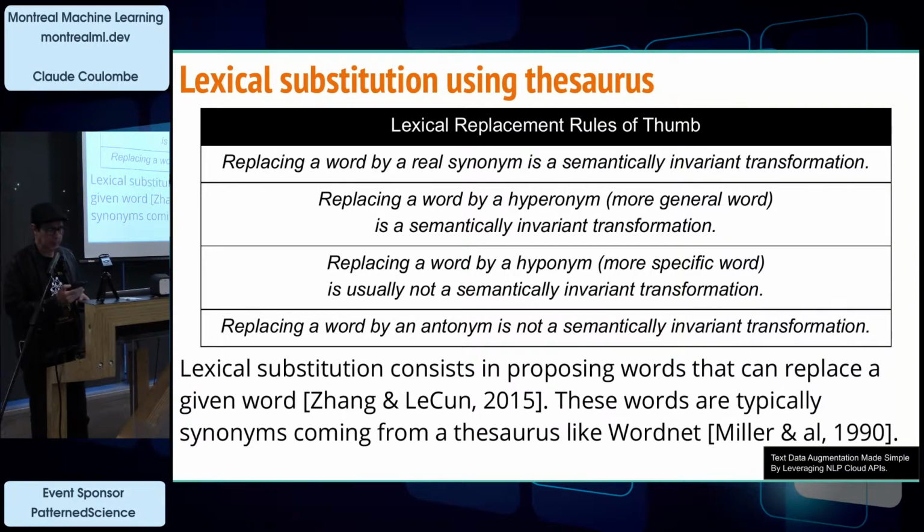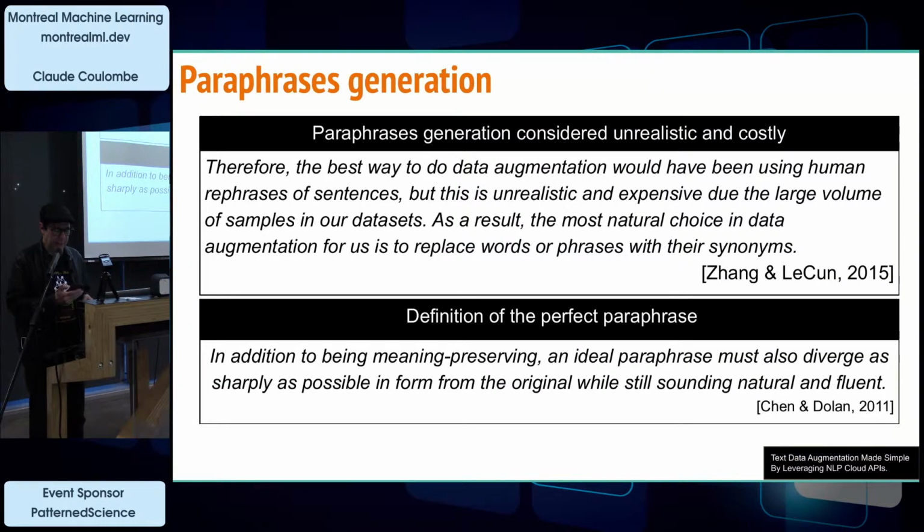I've experimented with the use of word embeddings or word vectors to improve this TDA technique, particularly a technique able to process polysemous word vectors. More interesting are the paraphrase generation techniques, although they were considered unrealistic by some.